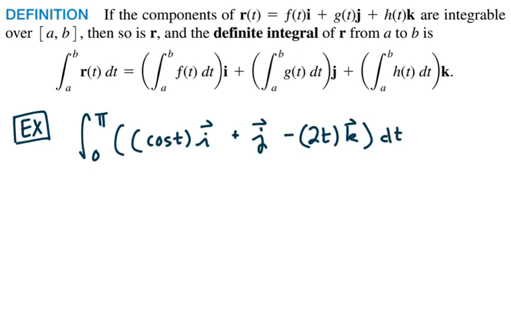Here we have a definite integral, and it's the same integral that we just did as an indefinite integral. We've just added the bounds from 0 to pi. So again, working this out, I'll rewrite this.